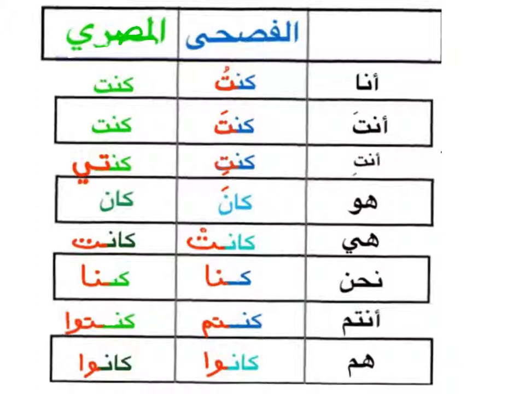In فصحى أنا كنت, مصري أنا كنت, أنت كنت, أنتِ كنتِ, هو كان, هي كانت, نحن كنا, إحنا كنا, أنتم كنتم, أنتوا كنتوا, هم كانوا, هما كانوا.